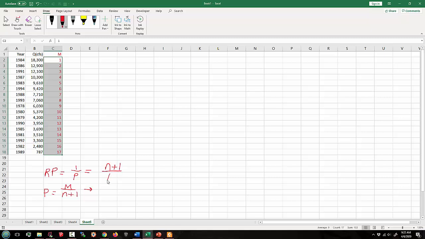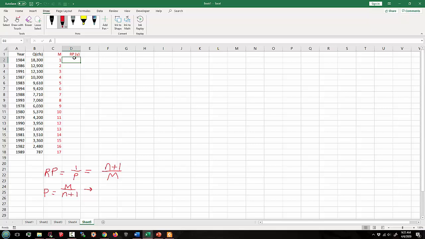It's just the reciprocal of that expression. So that is how I'm going to calculate the return period in years for each of the peak annual discharges shown in column B.